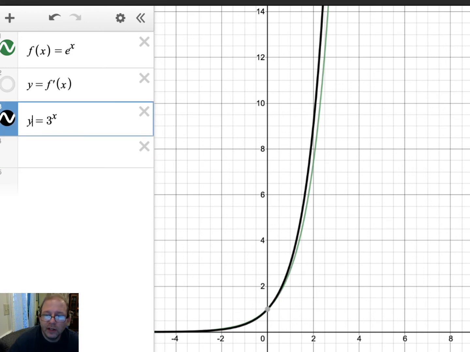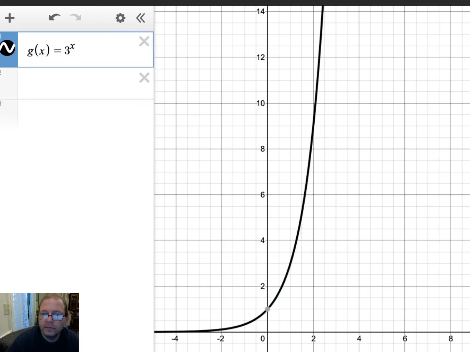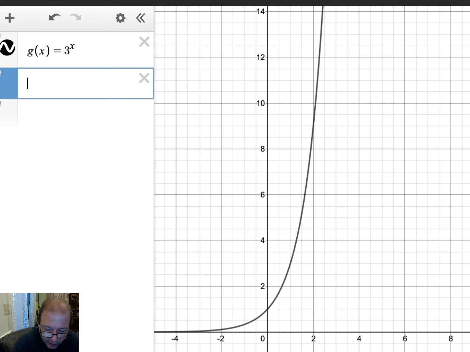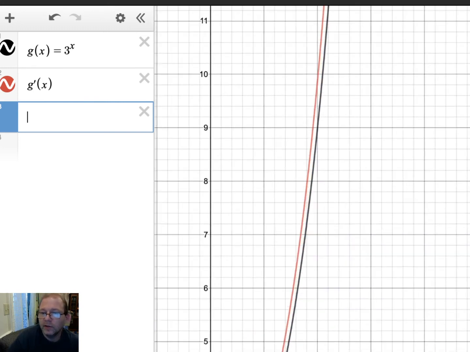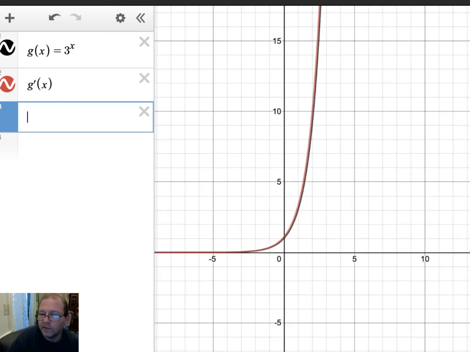Let's make this g of x. So g of x is 3 to the x. Let's also graph g prime of x. See how the derivative is a little above the curve?